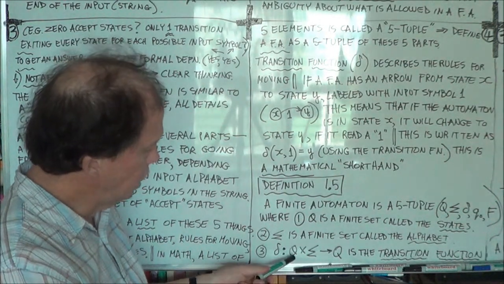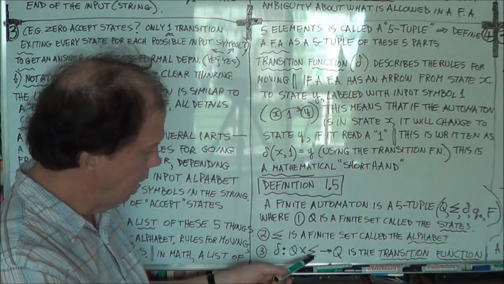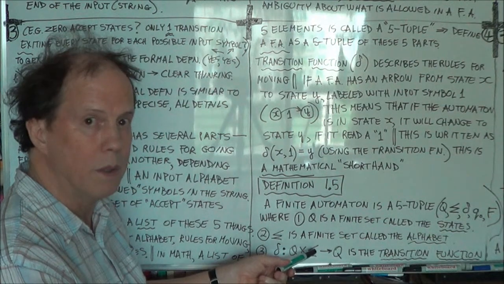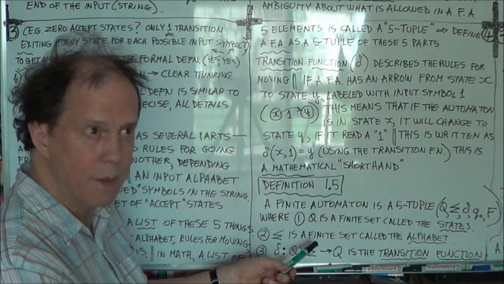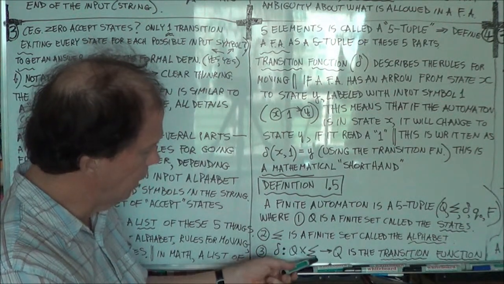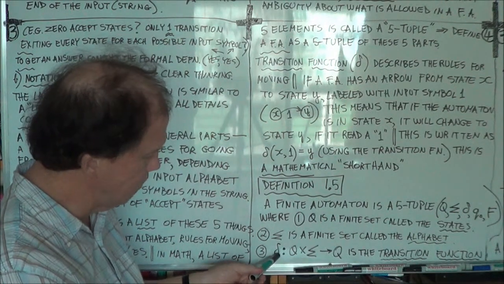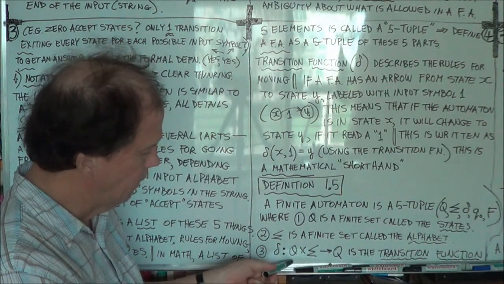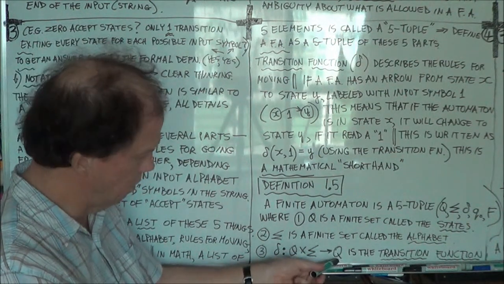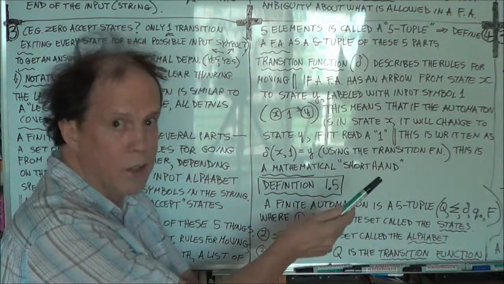So for each state, and for a given member of your alphabet, in other words, for a given input symbol, okay? For each possible pair like this, there will be a decision. That's what delta does. It maps that pair into the next state, which is a member of Q, of course. So here it is in set notation, right?